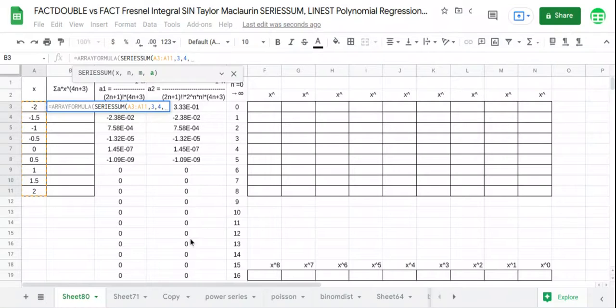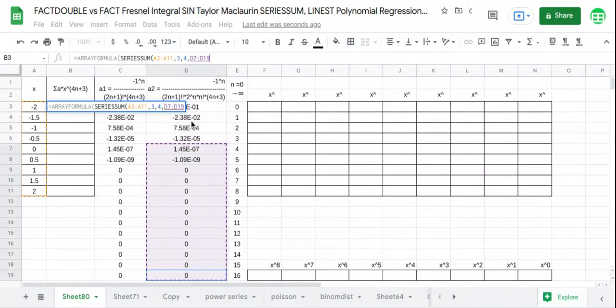And the coefficient, you can use double factorial or factorial. Let's use the double factorial.